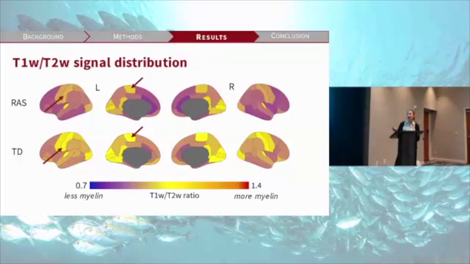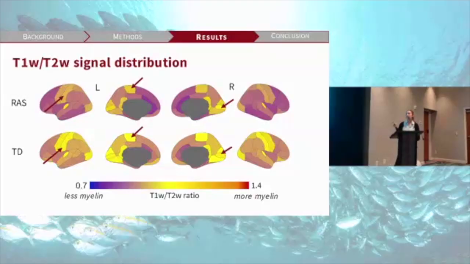We can see that in the areas that are yellow or orange, there's more T1-T2 signal, which is indicative of more myelin content compared to other areas. And we can see that in areas like the motor strip, as well as the visual cortex and the occipital lobe, there appears to be more myelin content, which is consistent with what we would expect from other research, that these areas are generally more myelinated than others.